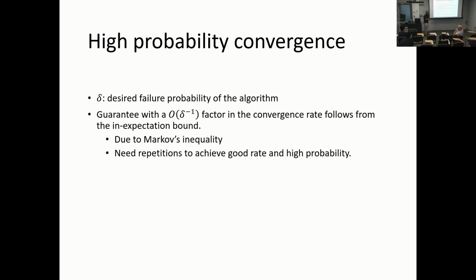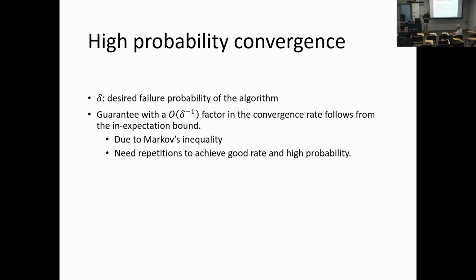However, the downside is that the guarantee is usually pretty weak, and it would suggest that if you want a very small failure probability, you might have to do the usual trick of repeating the algorithm many times and finding the best one to get high probability. This is not really done in practice, because each training run could be very expensive.